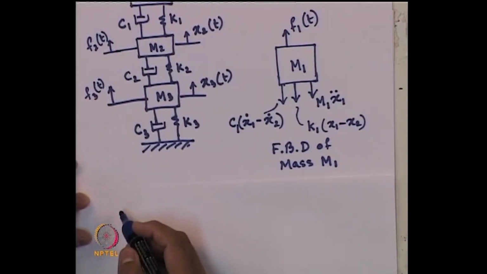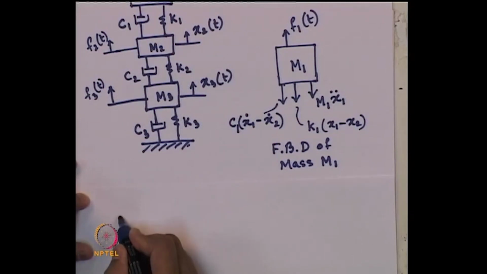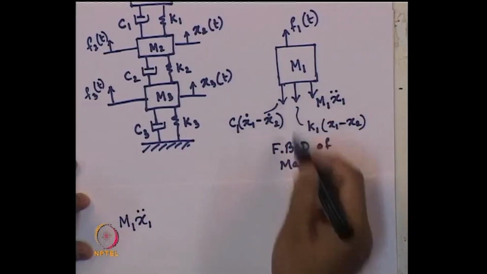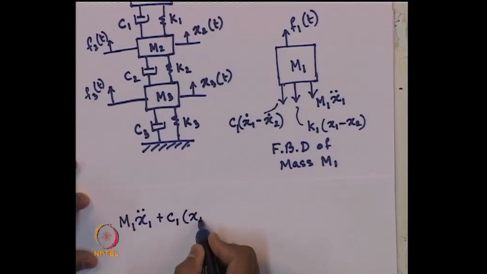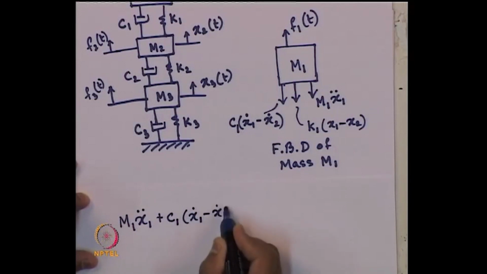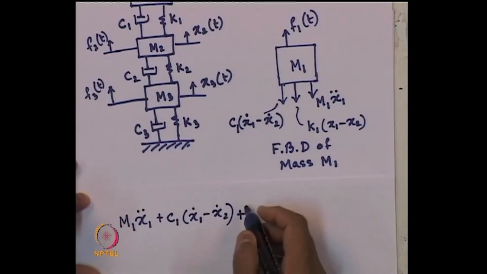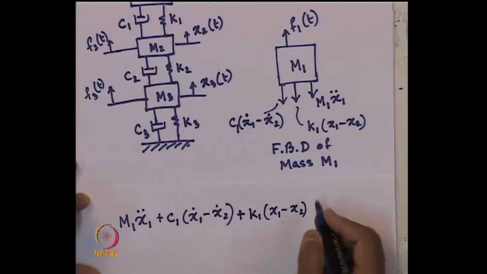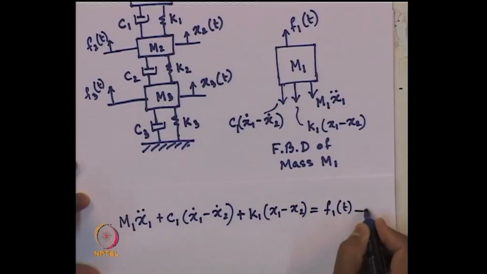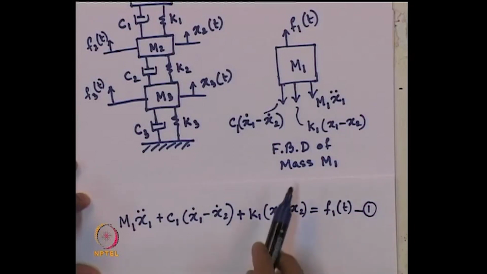So, using D'Alembert's principle, we can write M1 x1 double dot in this direction plus C1 (x1 dot minus x2 dot) plus K1 (x1 minus x2) equals F1 of t. This is the first equation we got using D'Alembert's principle for the free body diagram of mass M1.